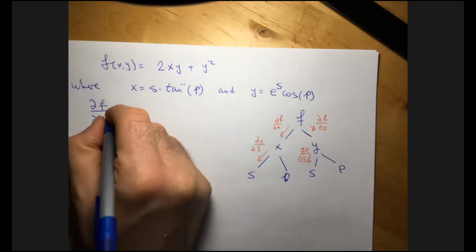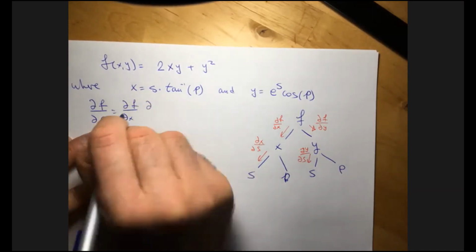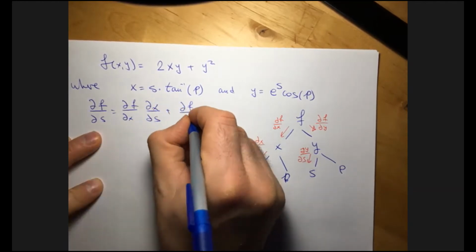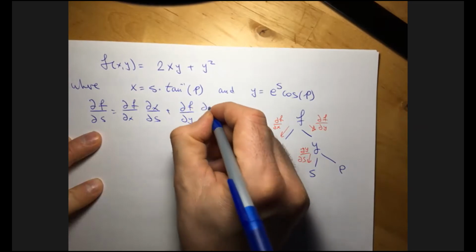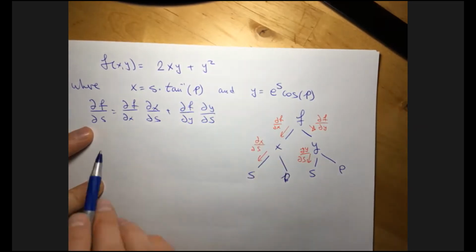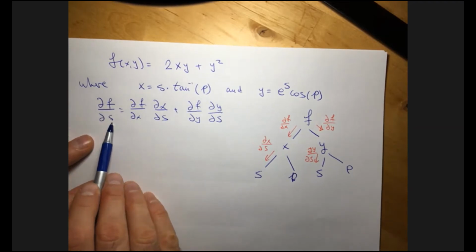So this is equal to partial f, partial x, partial x, partial s, plus partial f, partial y, times partial y, partial s. That's just the derivative of f with respect to s, this partial derivative.